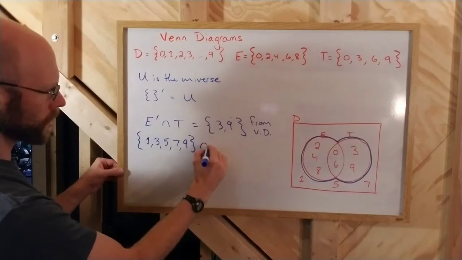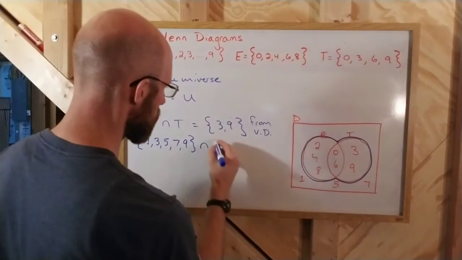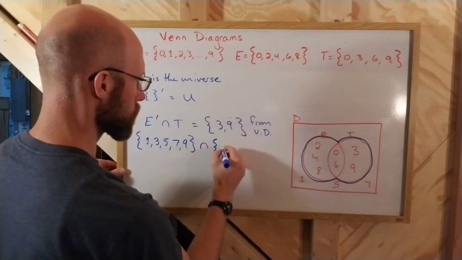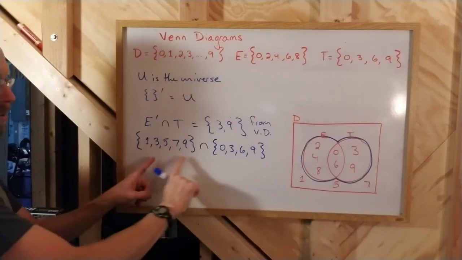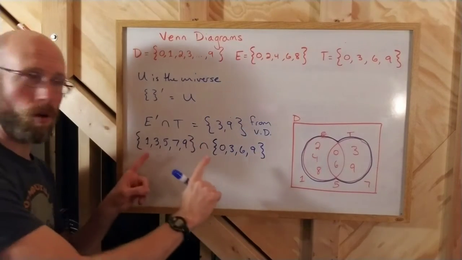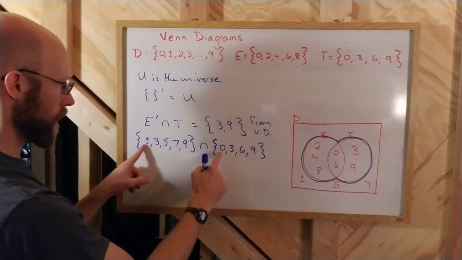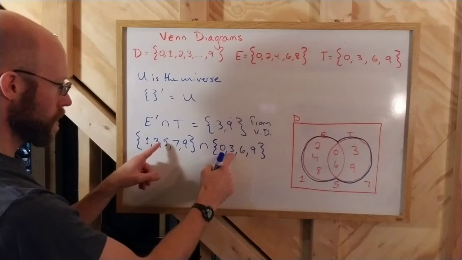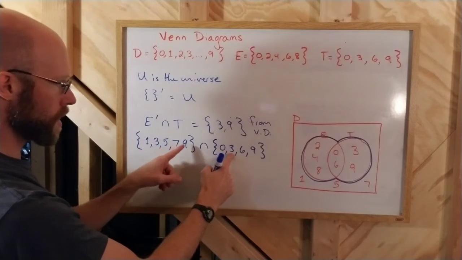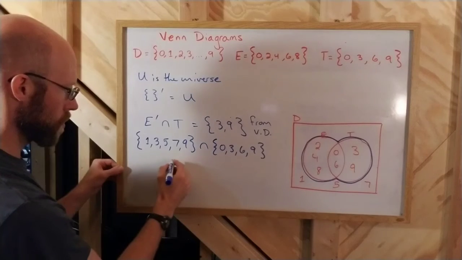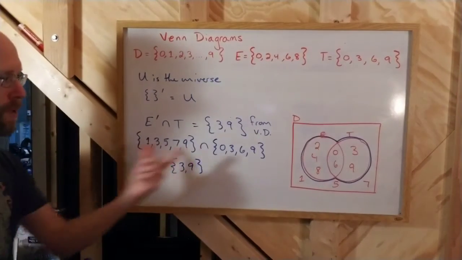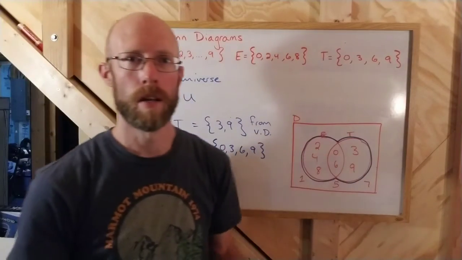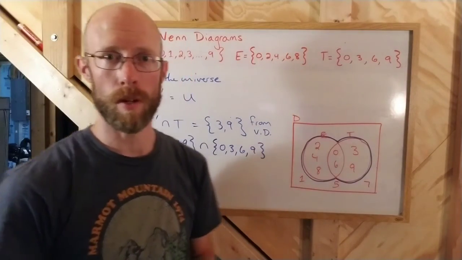And I'm intersecting that with T. Now T I already know to be 0, 3, 6, 9. And if I look at all the elements that are in both, 1 is not, 3 is, 5 is not, 7 is not, 9 is. So it's just going to be the set 3, 9, and again I can get that from the roster notation or from the Venn diagram. Either way you want to look at it.